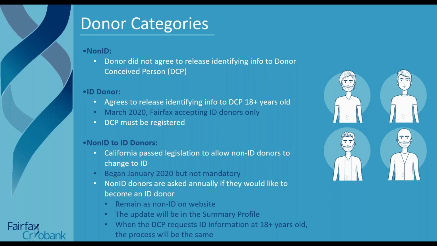That's going to stay on our website listed as a non-ID donor, but it would be in their summary profile that they are open to that. When the DCP requests identifying information, once they're 18 years old, it's the same process as an ID donor.